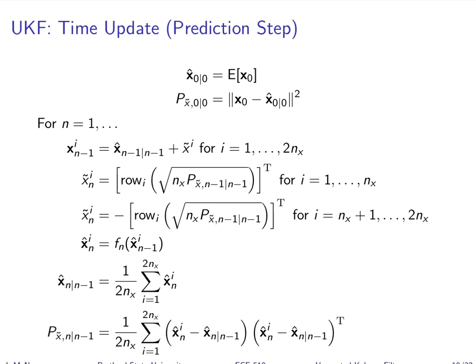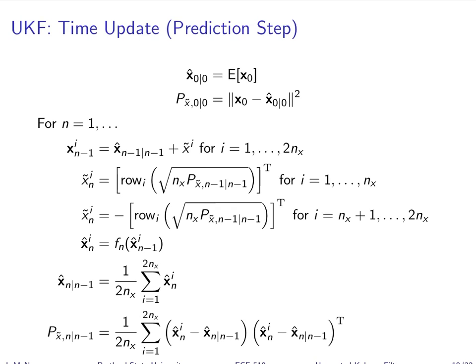And I'm using slightly different notation as I describe the algorithm, because there's a few different covariance matrices that we have to keep track of. So I'm using P to indicate that we're dealing with a covariance matrix, and then I've got an additional subscript that indicates what it is the covariance of. I'm sorry, I'm overloading the notation here. This X tilde doesn't mean the perturbation of the mean, but rather the state error covariance matrix.